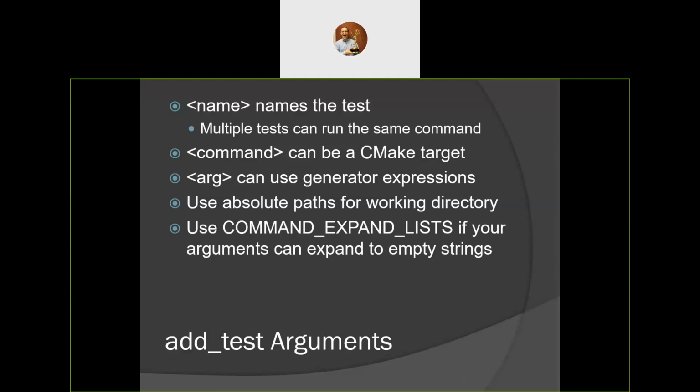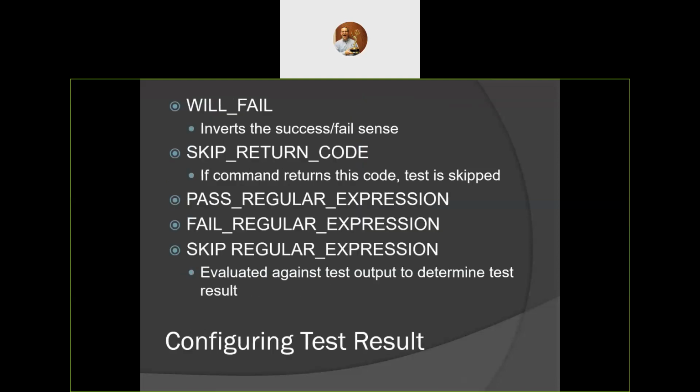Now, it may not be dynamic enough in the sense that it's only evaluated at CMake configure time. If you need something more dynamic, then I would use the skip return code or the skip regular expression and have your test executable do the probing of the environment and determine if it should be skipped or not.